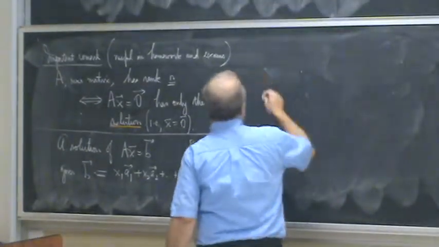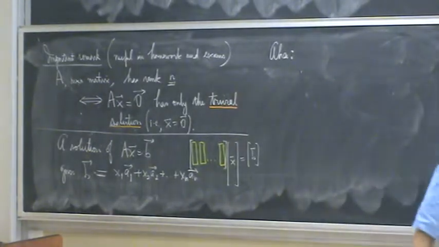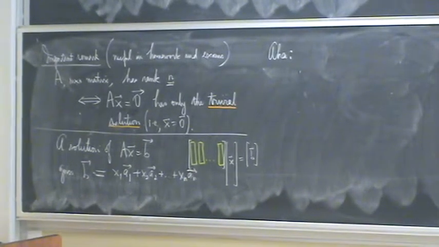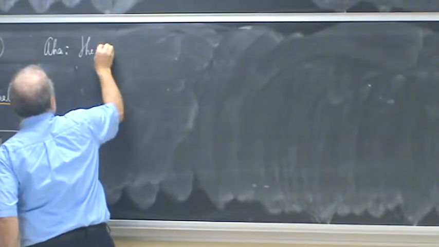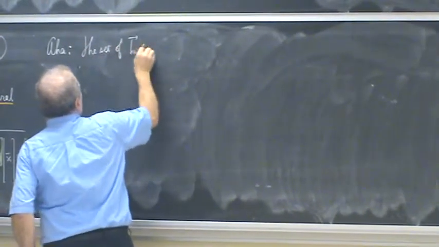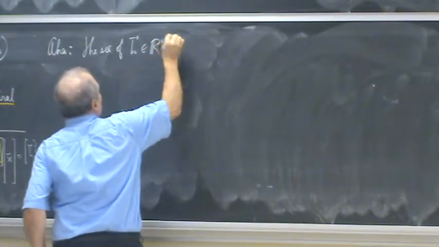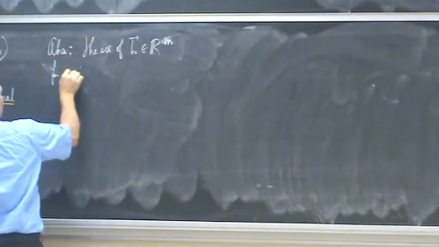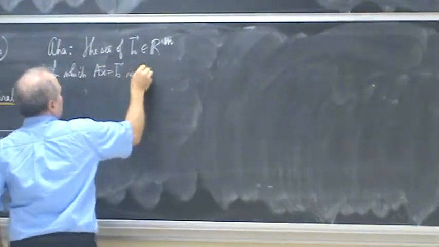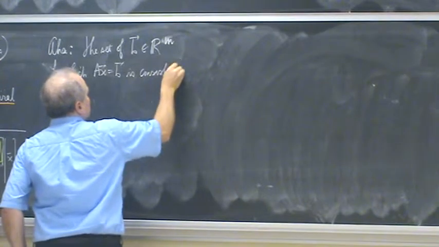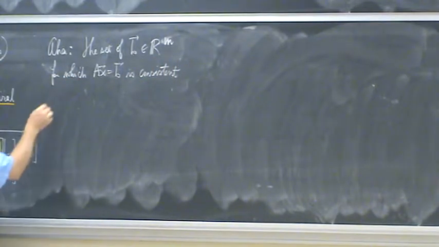So in other words, you have this following observation, which we're going to use a lot. The set of B's in our R^m for which Ax equals b is consistent is exactly what set of B's? The span of the columns.